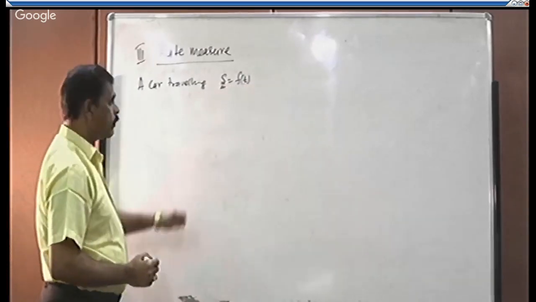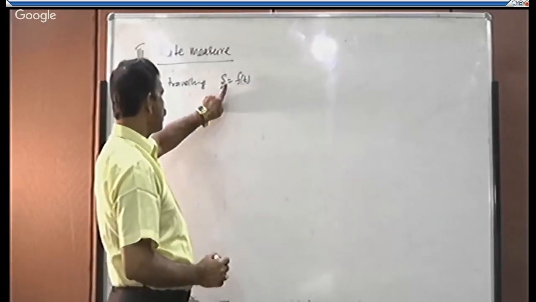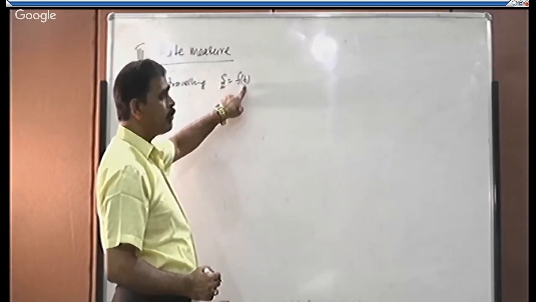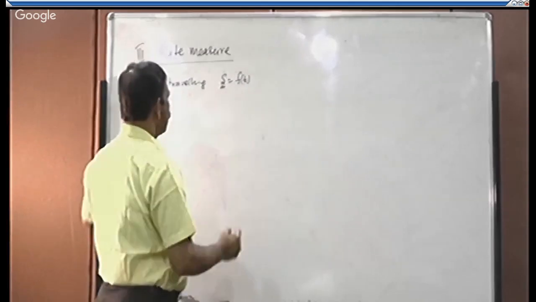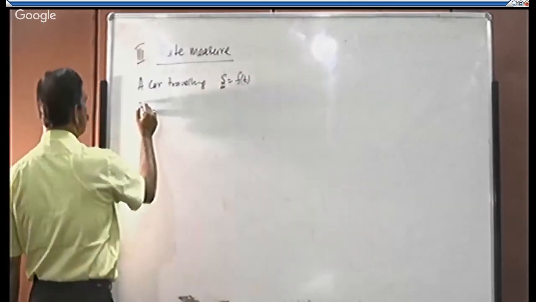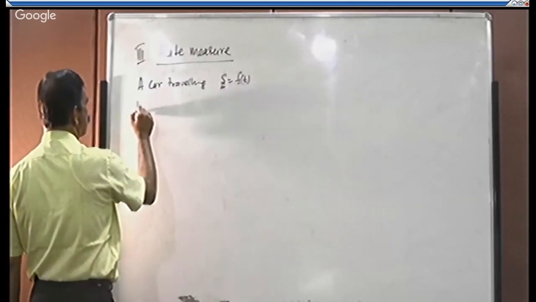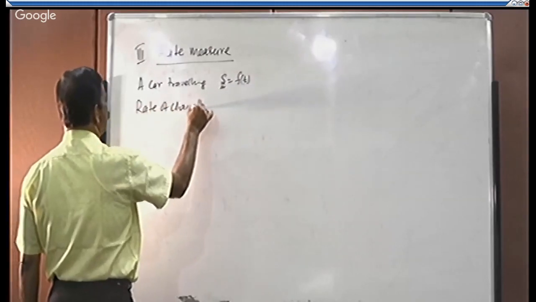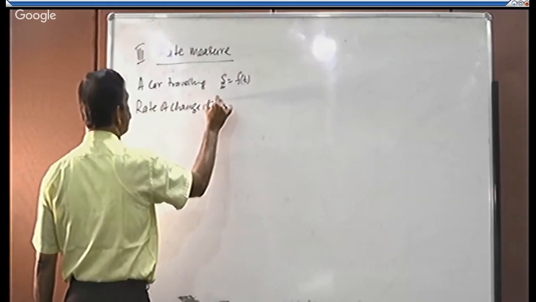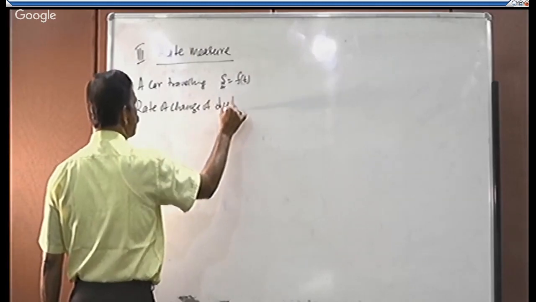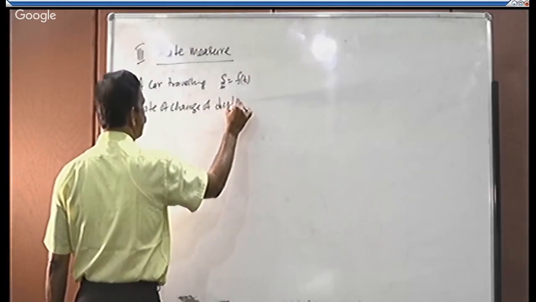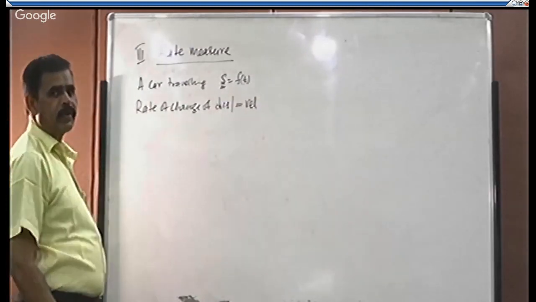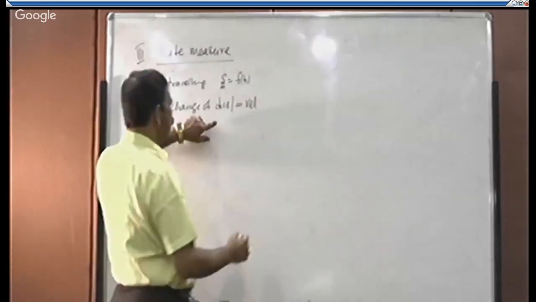If it is differentiated, the rate of change of distance or displacement is what? It is velocity. Correct? The rate of change of distance or displacement is velocity.